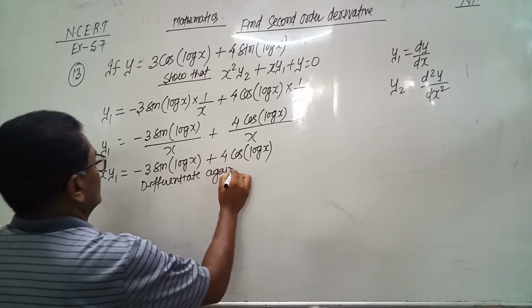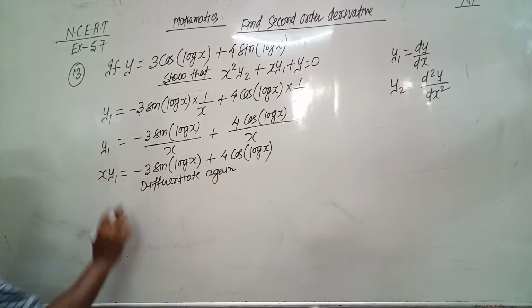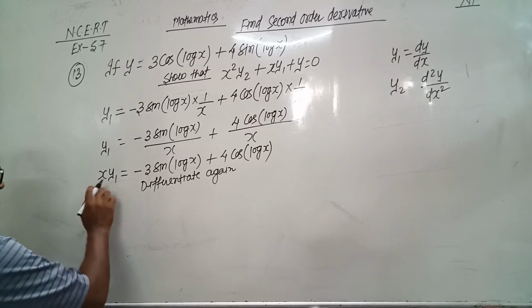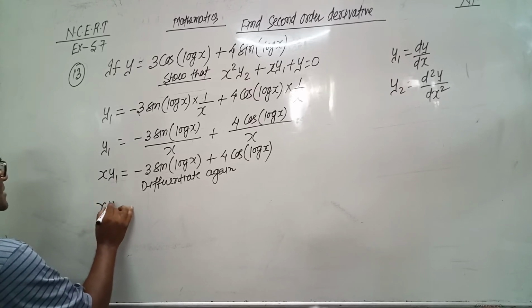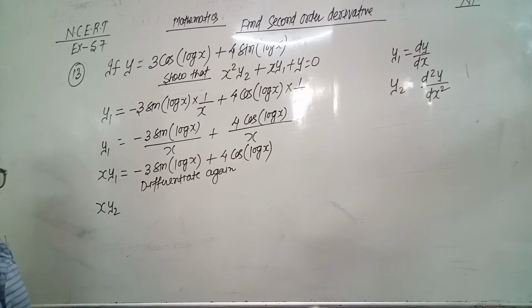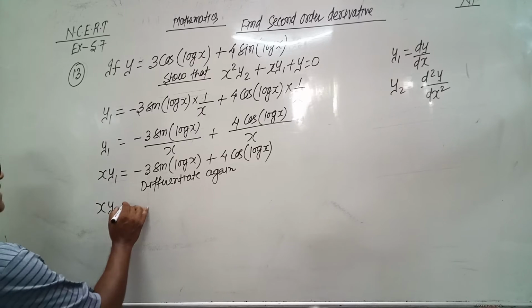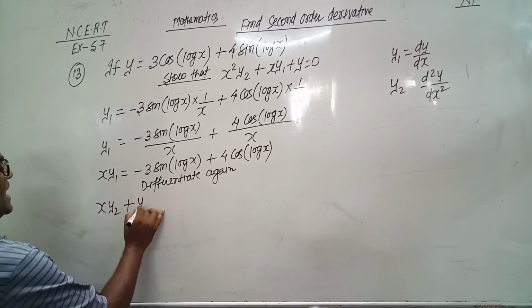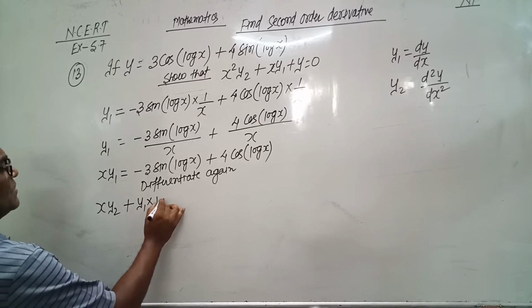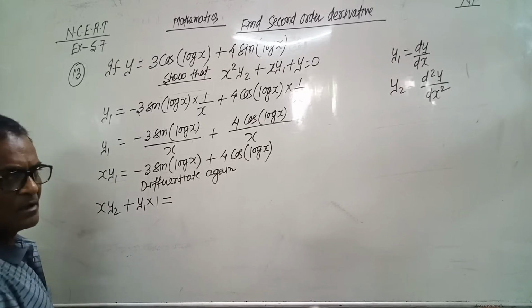This will be differentiated in the form u into v. u as it is, differentiation of y1 is y2, the differentiation of dy by dx comes to be d2y by dx square, which is written as y2. Plus y1 as it is, and differentiation of x is 1.